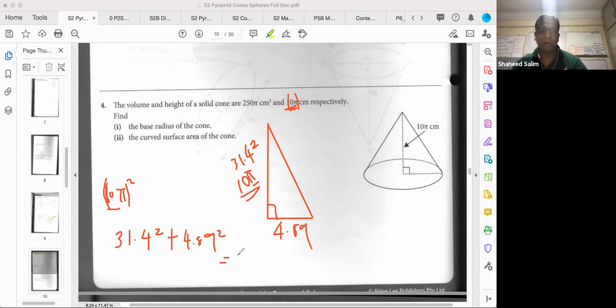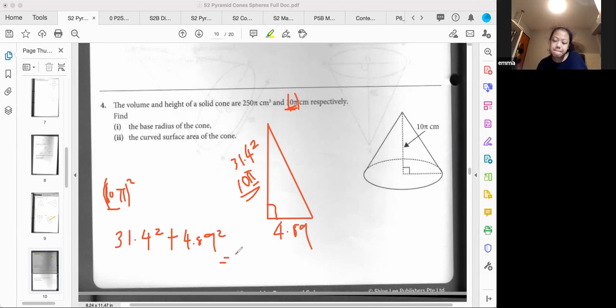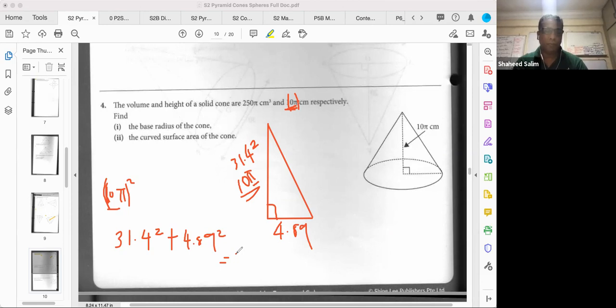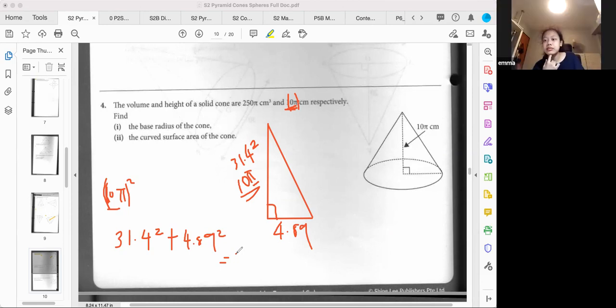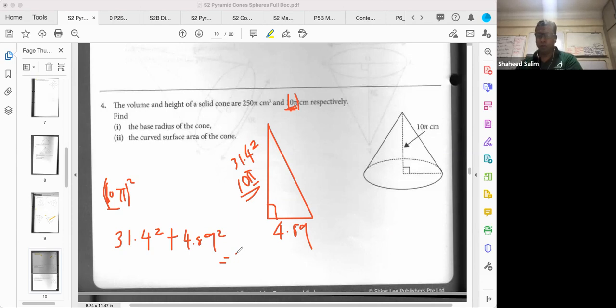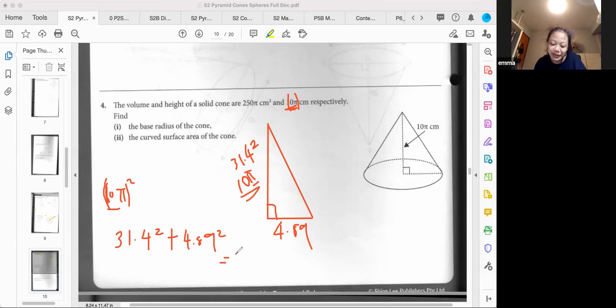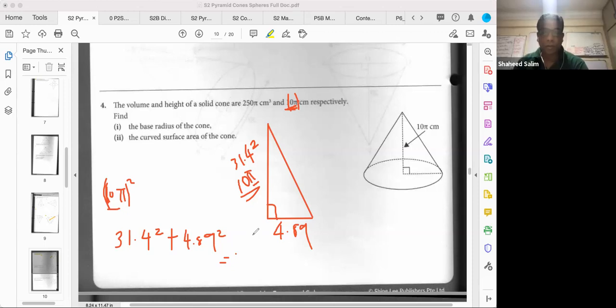And then what do you get? 31.8. 31.4 squared plus 4.89 squared. Yeah, I got the same thing, 31.78, 31.76.